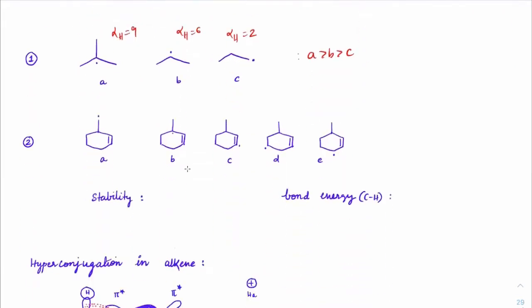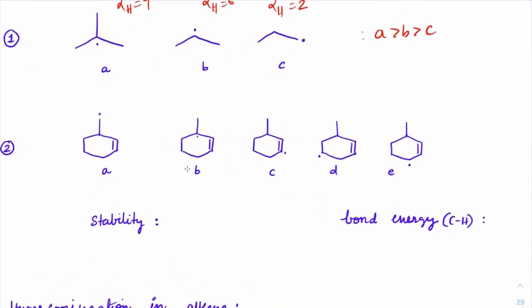Similarly, if we check the second one here, we will first count the number of alpha hydrogens. With respect to this carbon, the adjacent carbon, the next carbon, will be the alpha carbon. With respect to this carbon, the adjacent carbons, this one and this one, will be alpha carbons.